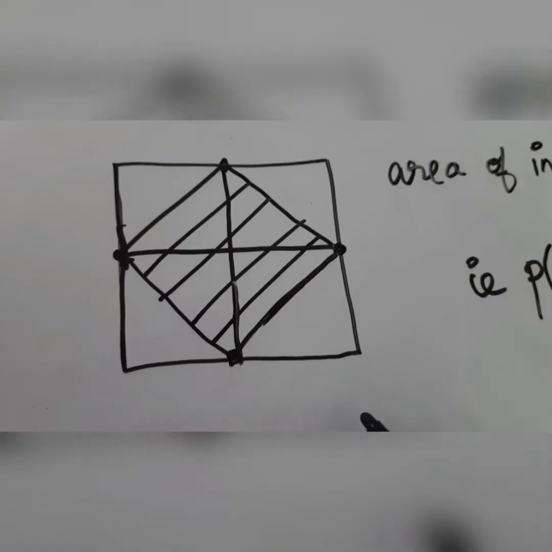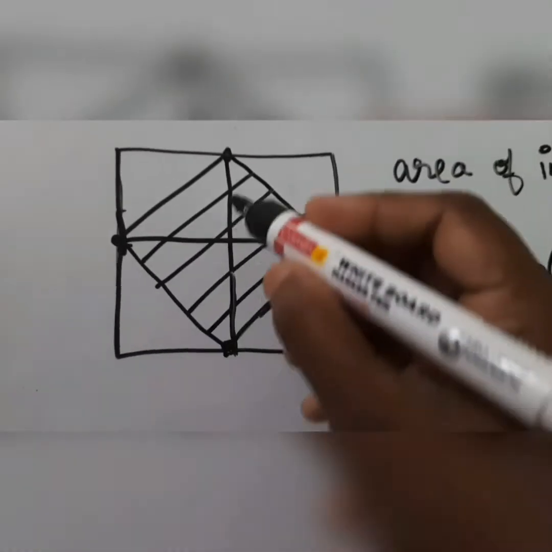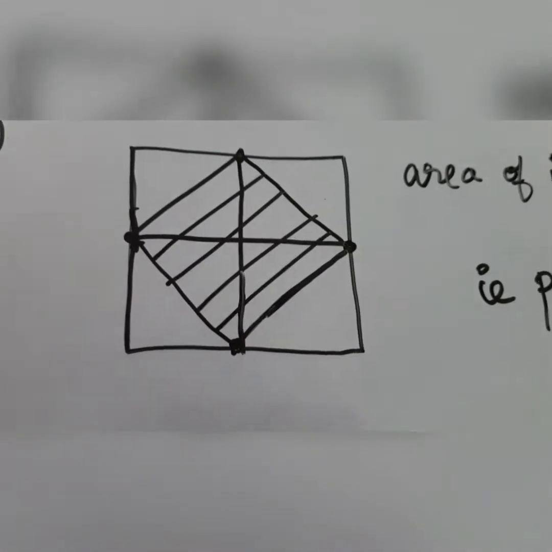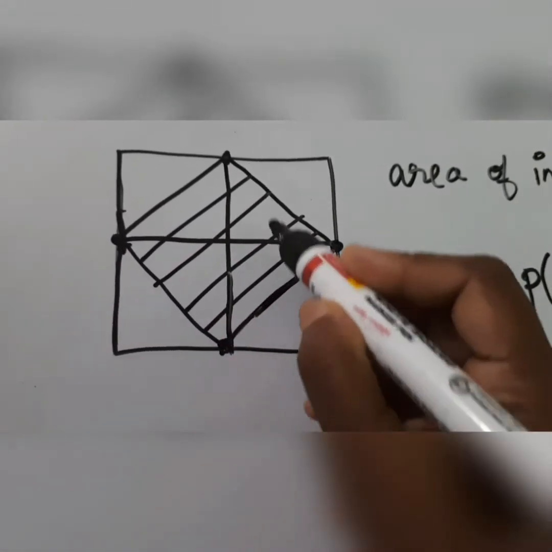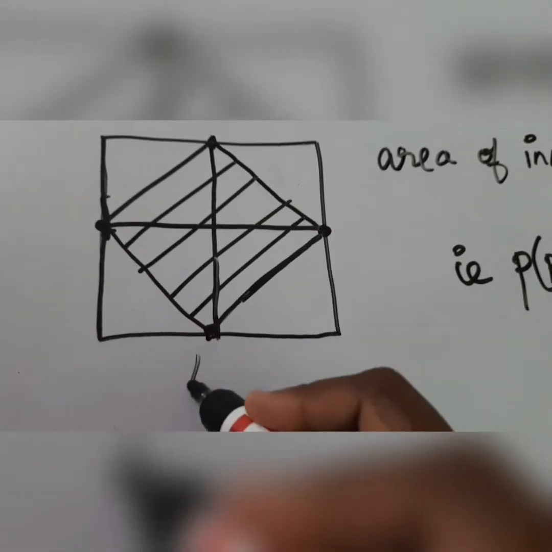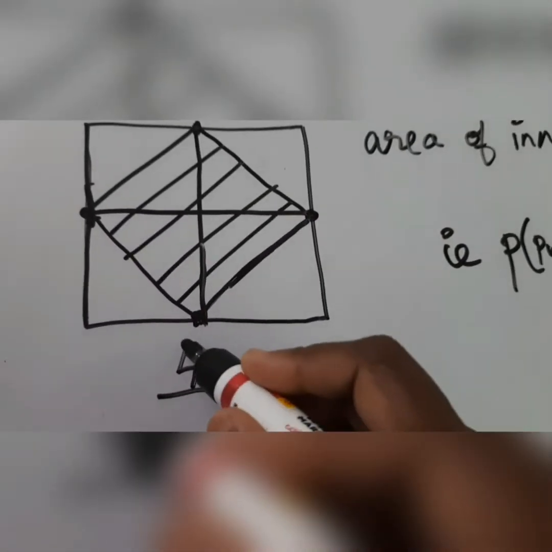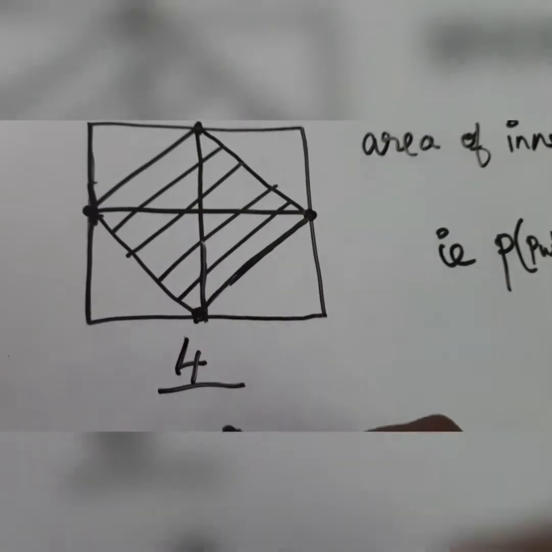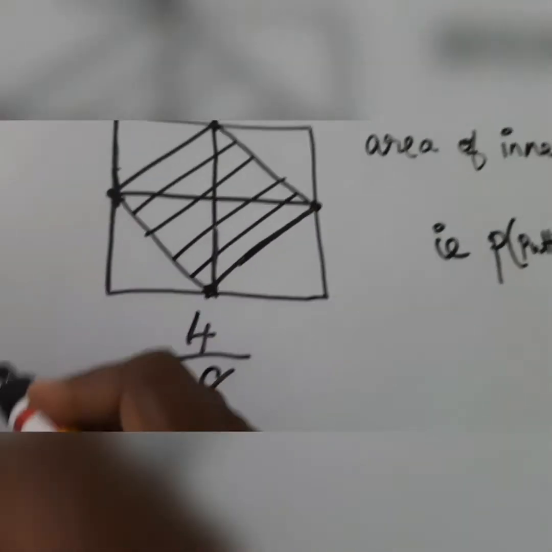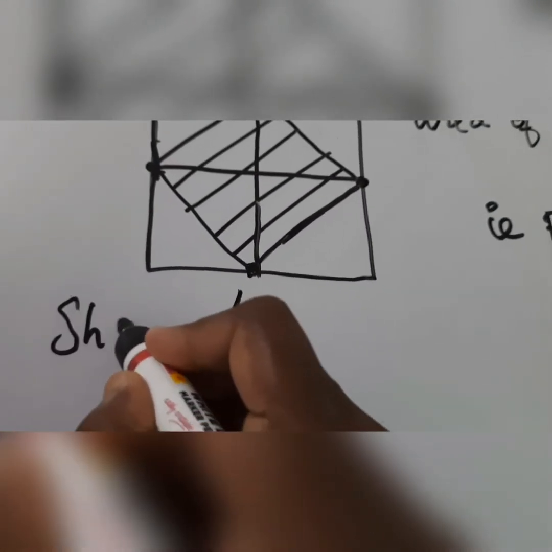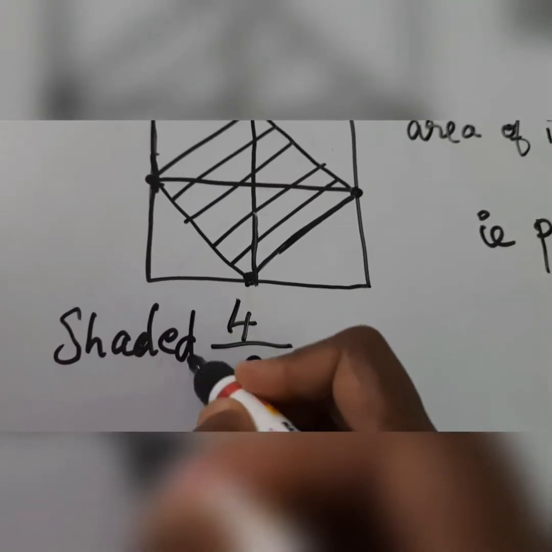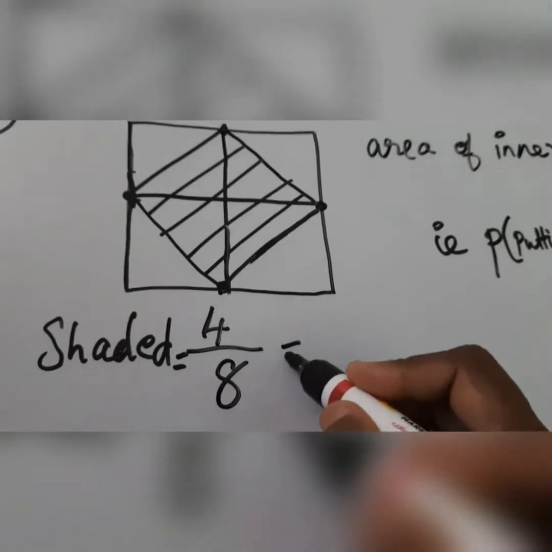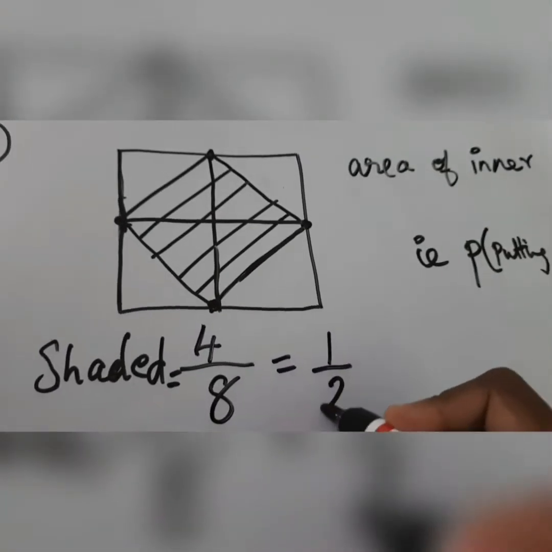So what is the fraction of the shaded part here? How many triangles are shaded? 1, 2, 3, 4. That is 4, and the total we counted is 8. So for the shaded part we get 4/8, that is 1/2.